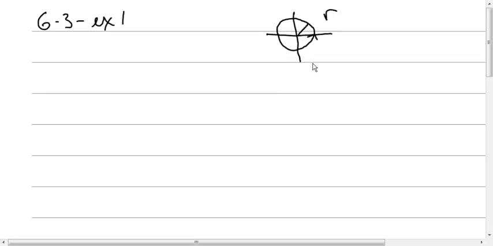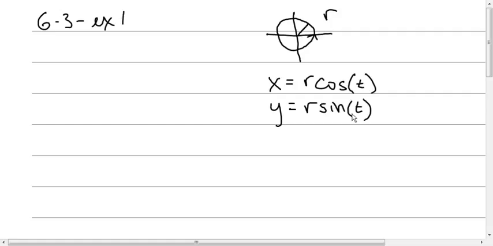Well, to start with, we need a parametric representation, and we know that x in this case is going to be equal to r cosine of t, and y is equal to r sine of t. But think about this. What values must t be taking?